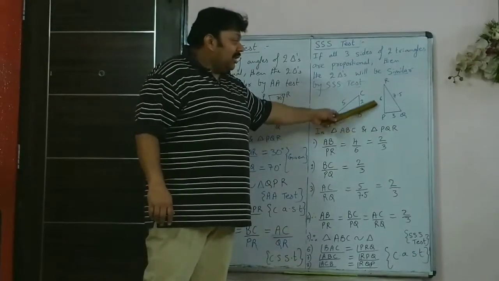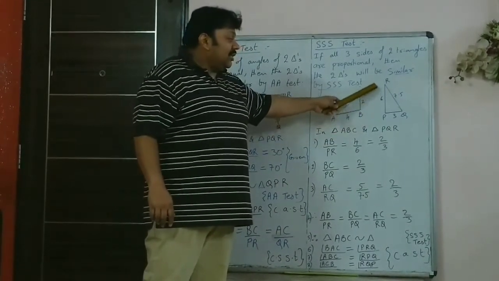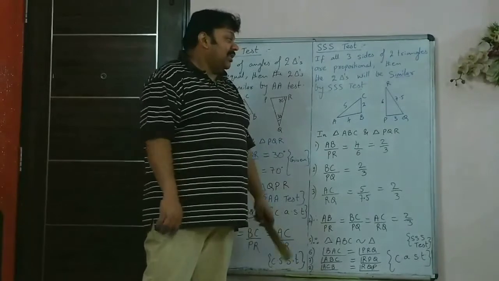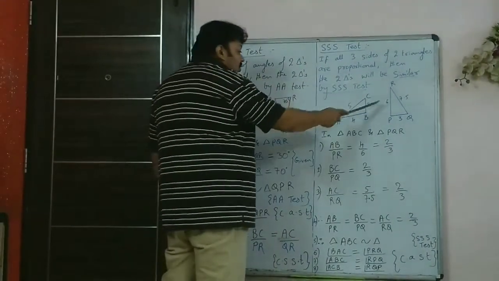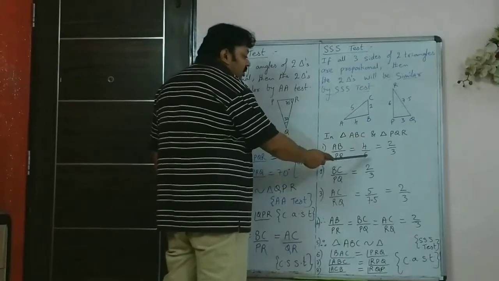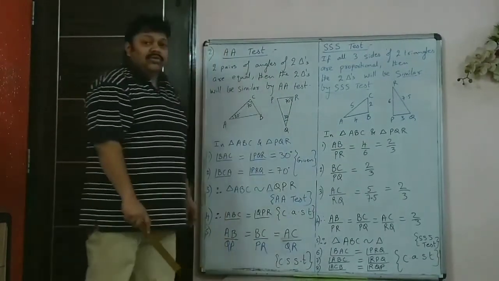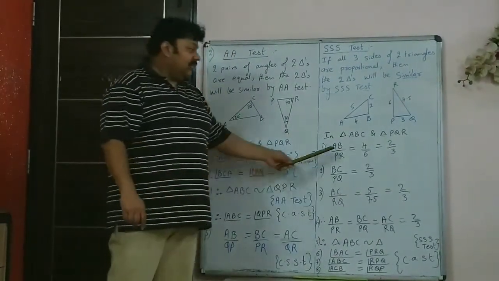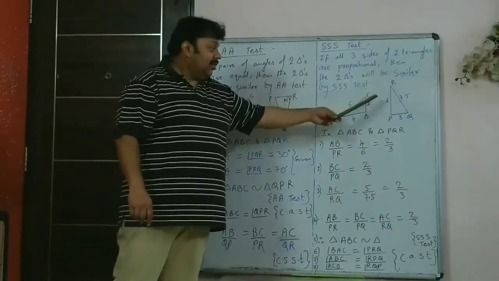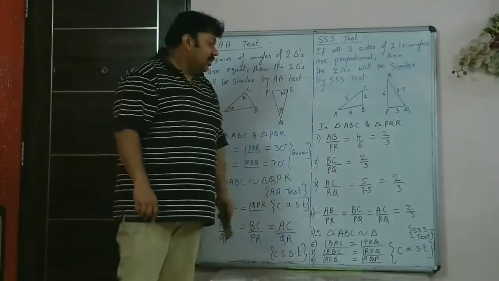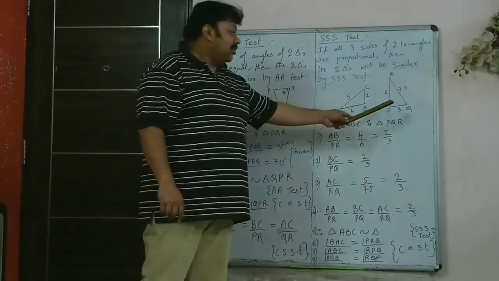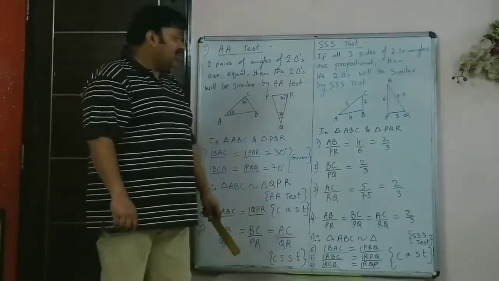And then look at PR. That would be the side which is almost looking perpendicular to PQ. Now, these two are in the ratio 4:6, which reduces to 2:3. So very good, we have AB upon PR is 4/6, that is 2/3, and BC upon PQ is also 2:3.